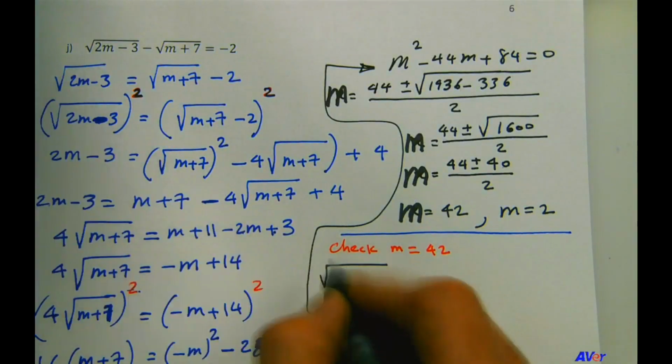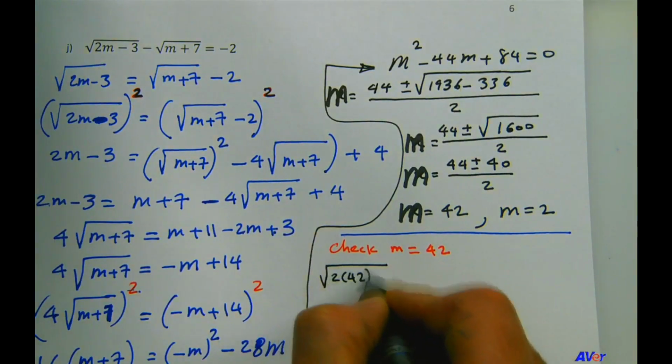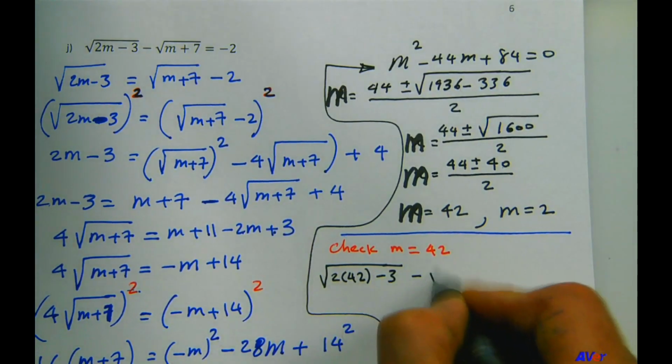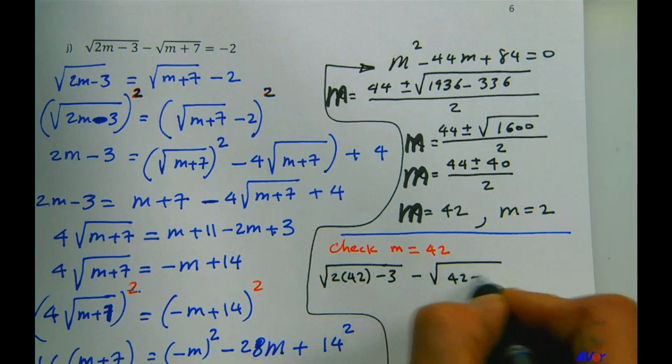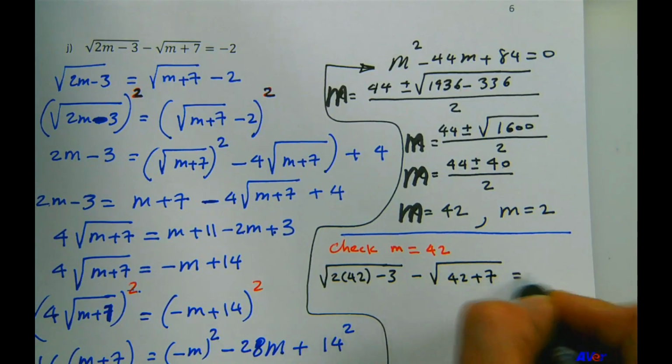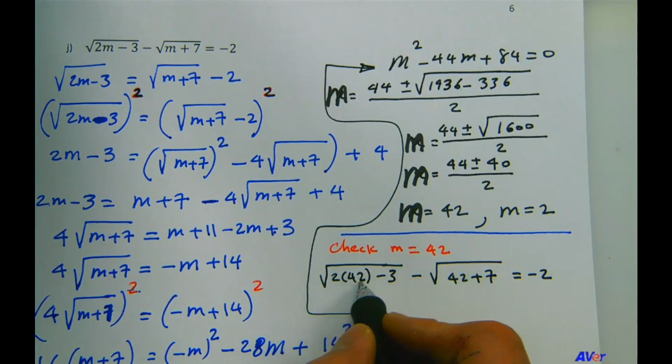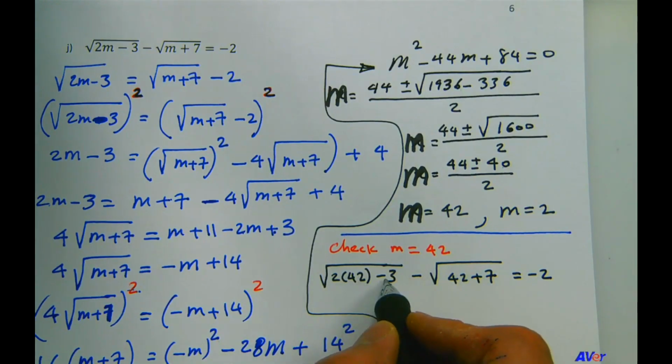So 2 times 42 minus 3 minus the square root of 42 plus 7 equals minus 2. Right? So let's see if the left is equal to the right side. So this is 84 minus 3, 81. The square root of 81 is 9.